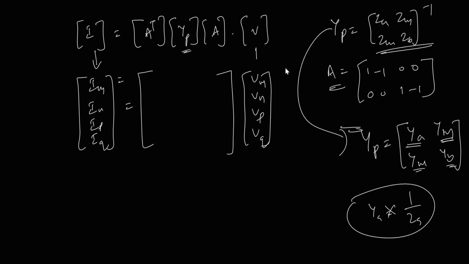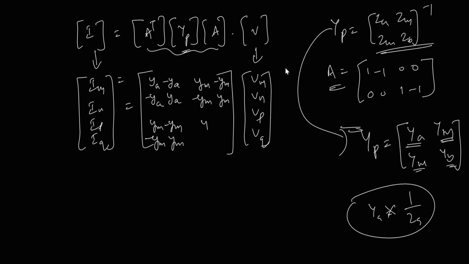This expansion is simply: Ya minus Ya, minus Ya Ya; Ym minus Ym, minus Ym Ym; Yb minus Yb, minus Yb Yb.